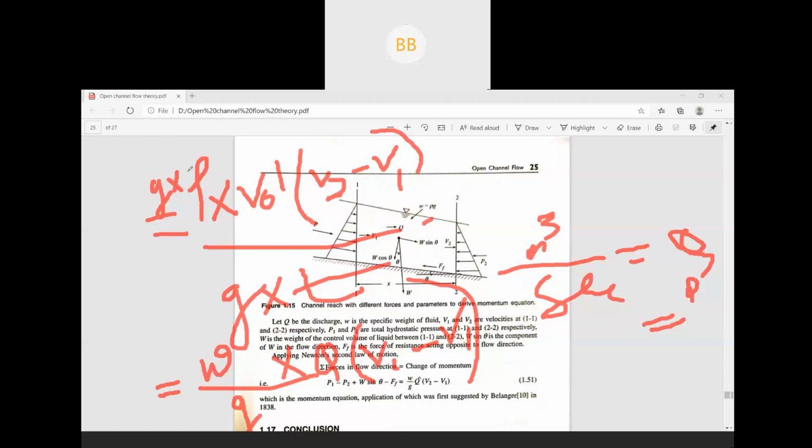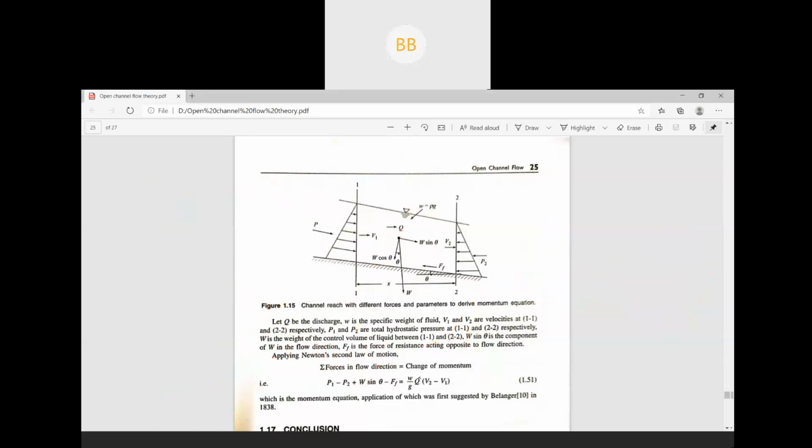And what we did, we multiplied acceleration due to gravity in the numerator as well as denominator. And we know rho into g is nothing but your specific weight, and g is left out, so it will be divided by g multiplied by Q into V2 minus V1. So this is the momentum equation.